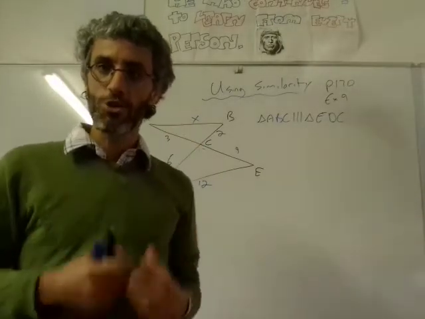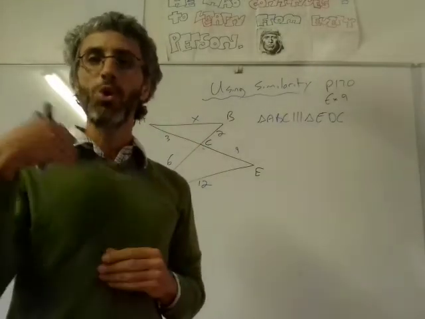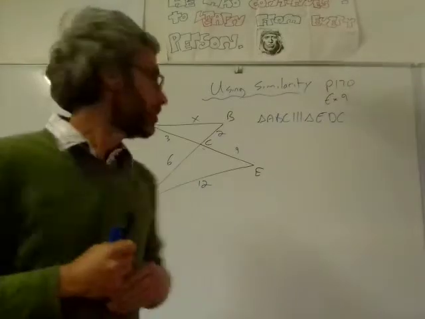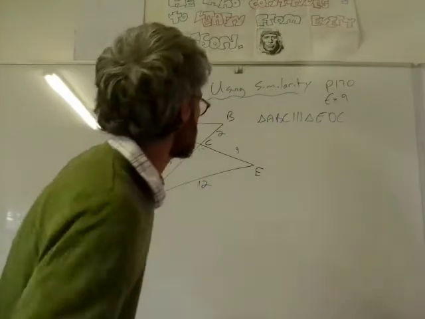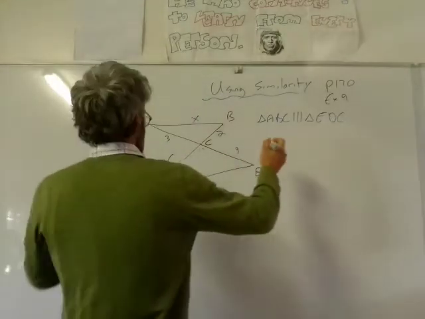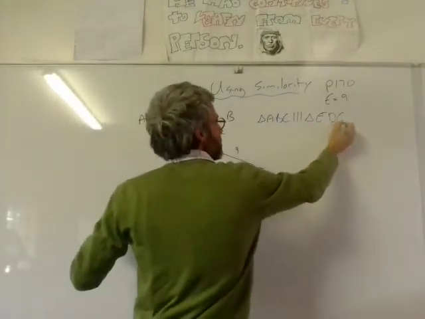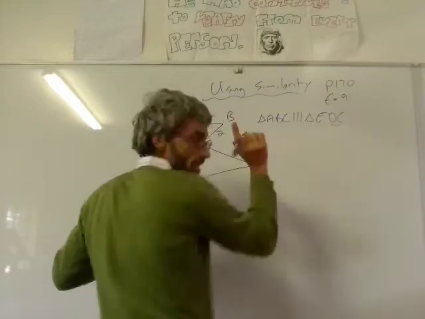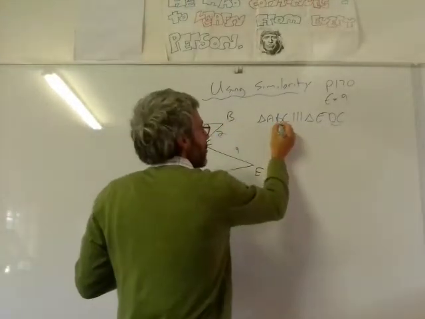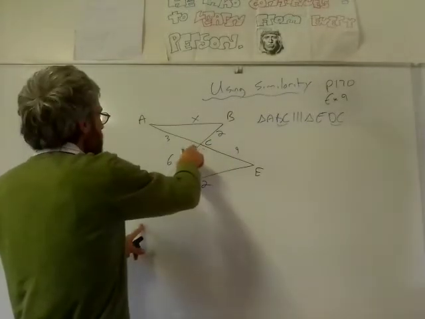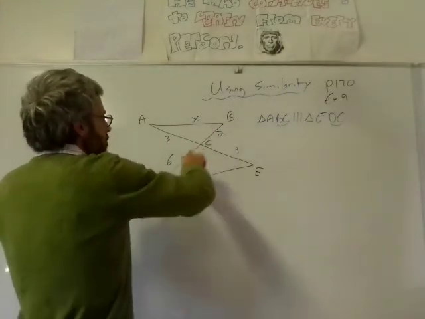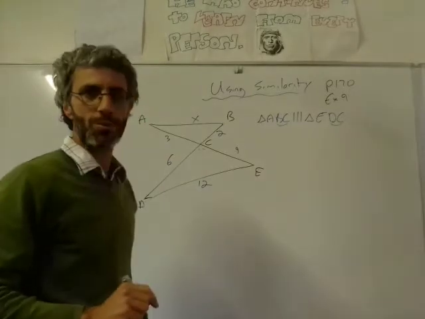Well, we know that if the triangles are similar, that means all the sides are in proportion. So check this out. Look at DC. DC will be in proportion, not equal like in congruent, to BC. DC is 6, BC is 2. So 6 is 3 times 2.